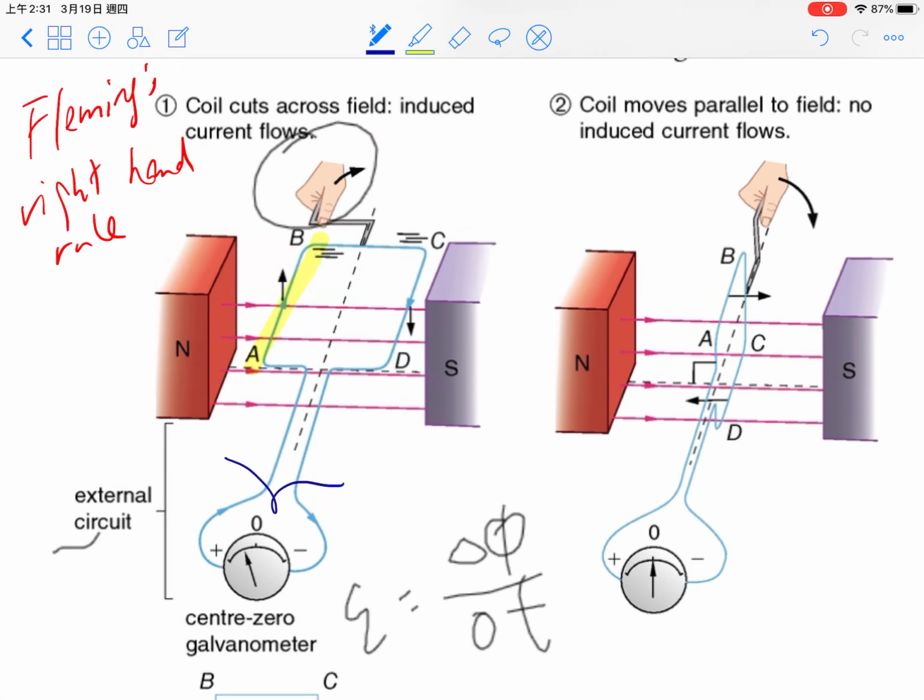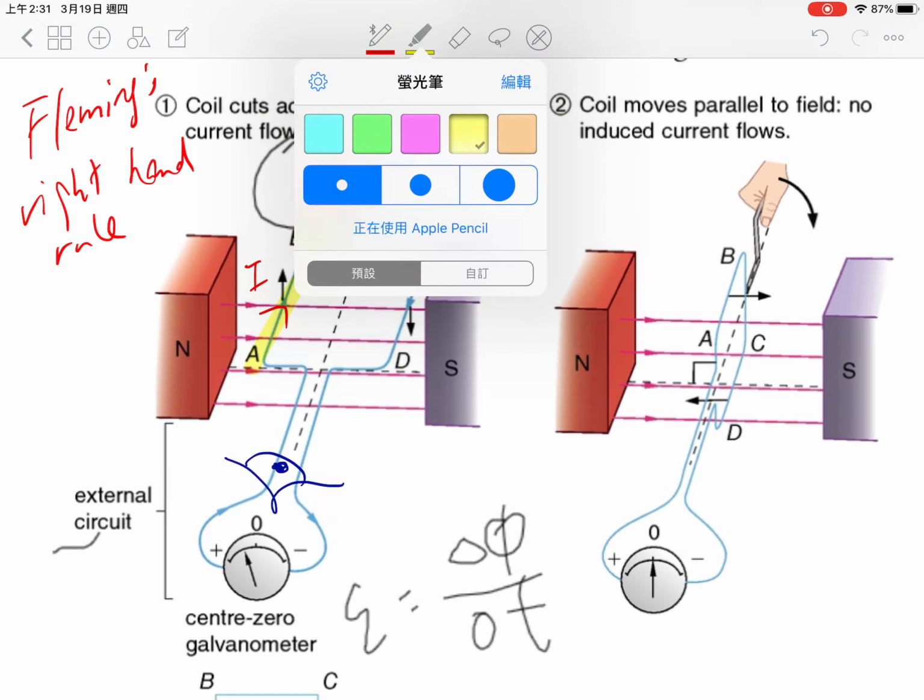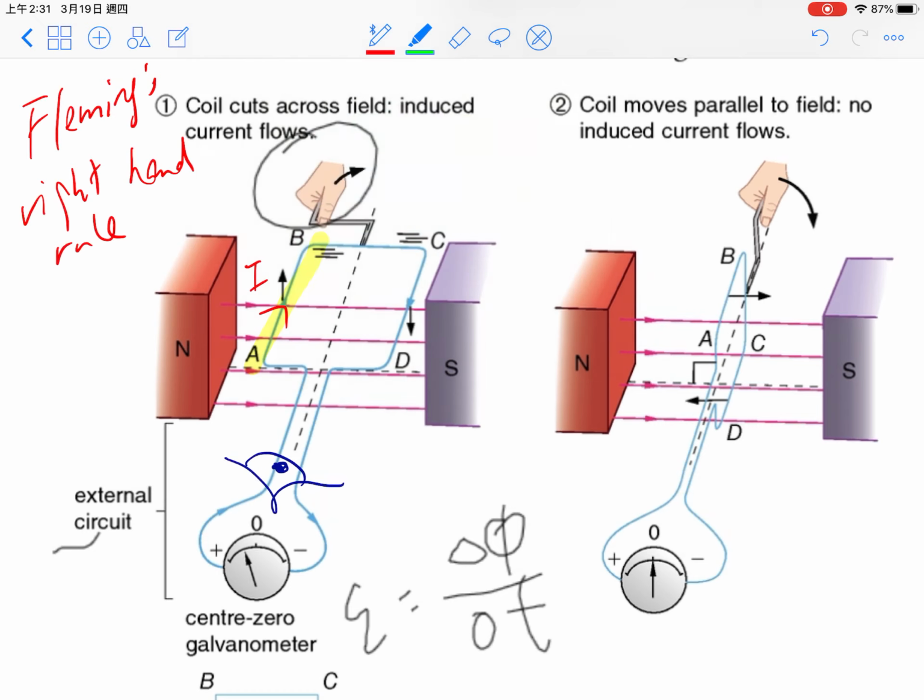Now suppose we have an observer's eye here. So the induced current in AB flows into the paper, and if we consider the wire CD, the wire is moving down, so the thumb points downward.